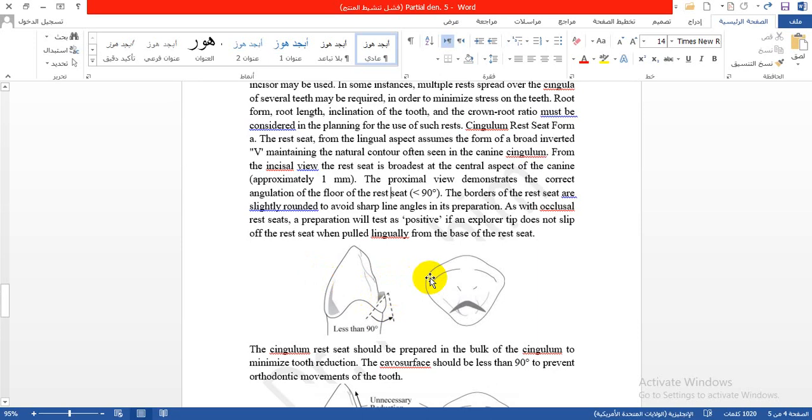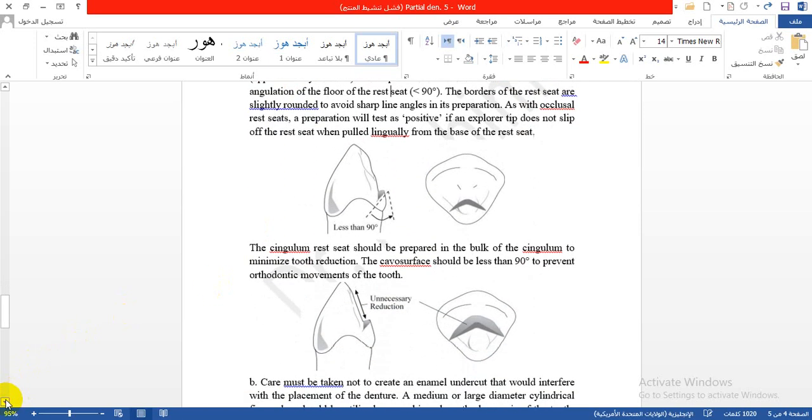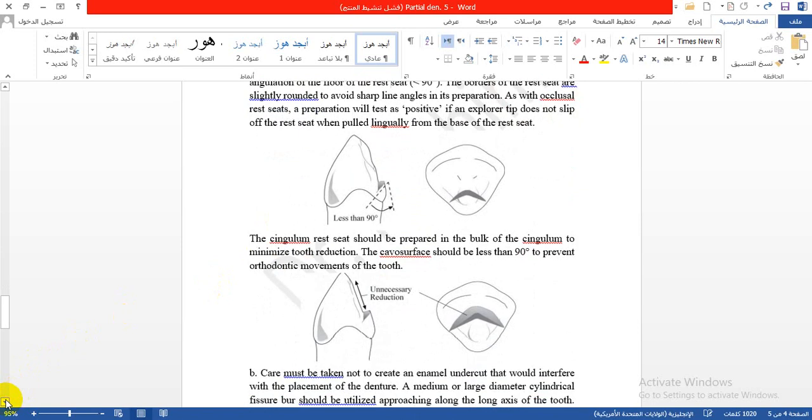As with occlusal rest set, the preparation will test as positive if an explorer tip does not slip off the rest set when pulled lingually from the base of the rest set، يعني حتى يمنع انزلاق التخم باتجاه اللينجولي يكون عندي انحناماته أقل من 90 درجة مئوية.